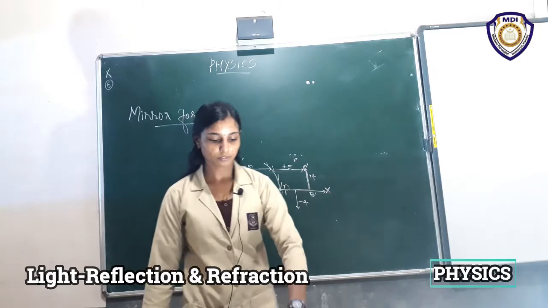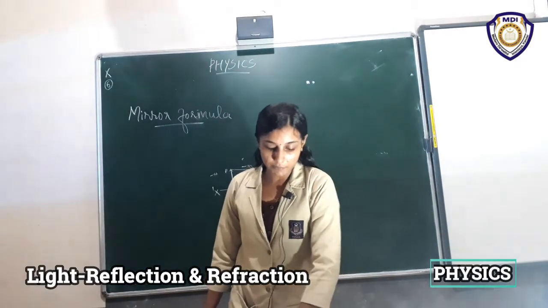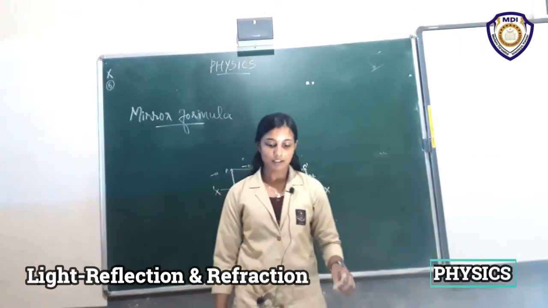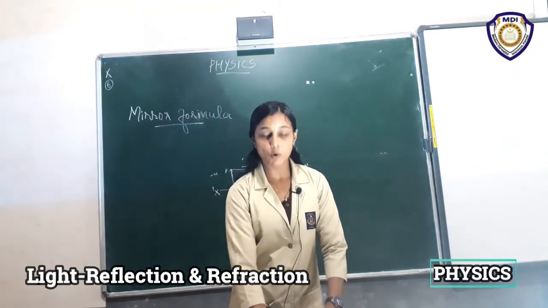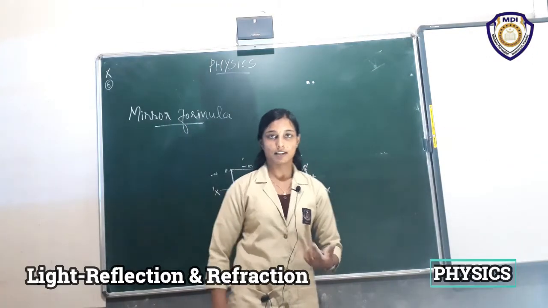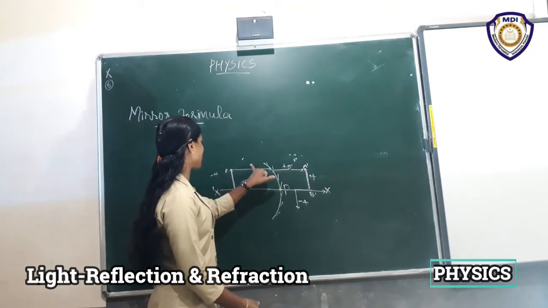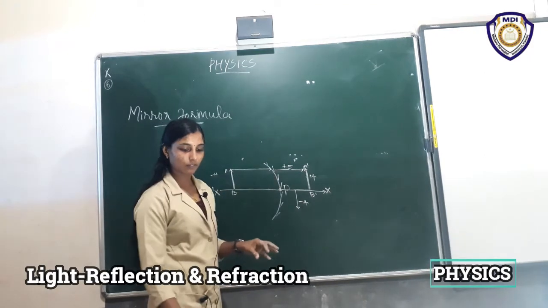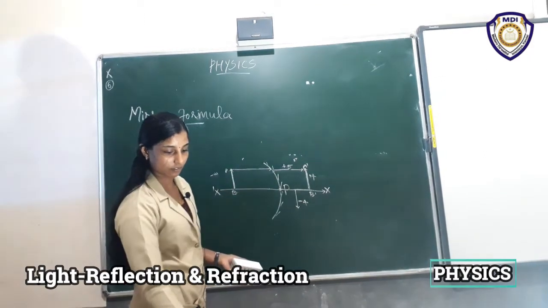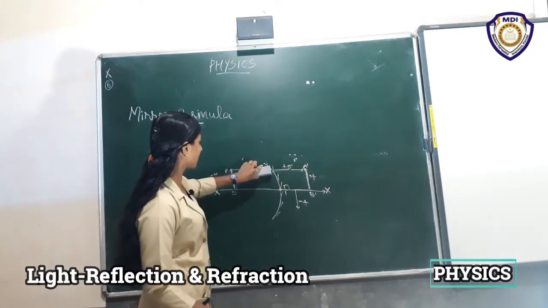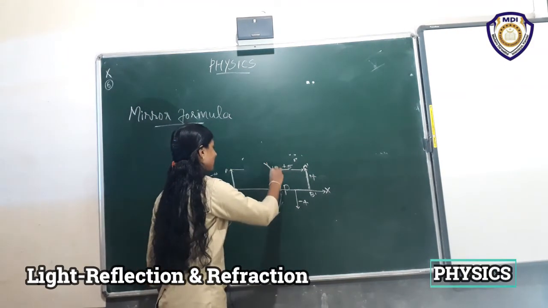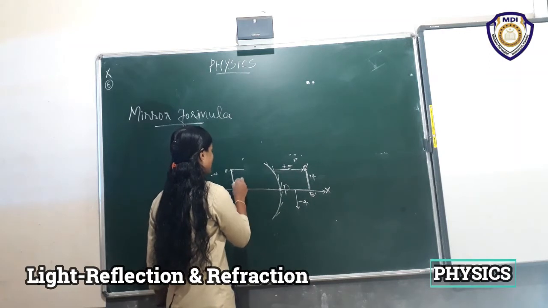In a spherical mirror, the distance of the object from its pole is called the object distance.